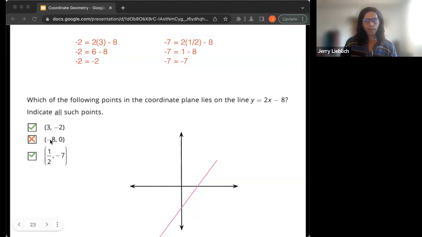Now, just to show you what would happen if we tried something that didn't work, let's take a look at this. 0 equals 2 times negative 8 minus 8. I would get a result that doesn't make sense. Saying, for instance, 0 equals negative 24, which it clearly doesn't. And so this would not work.